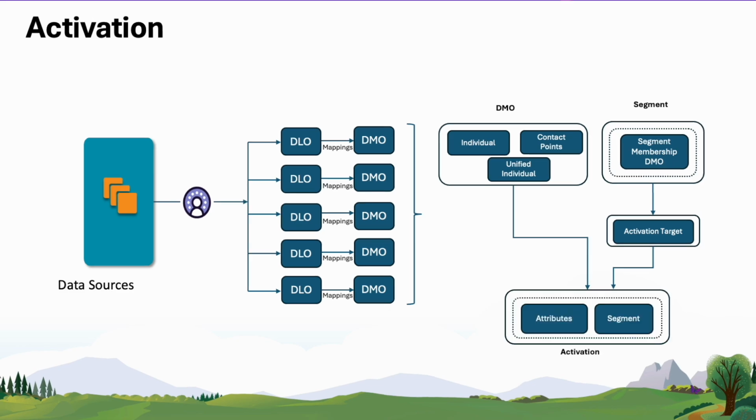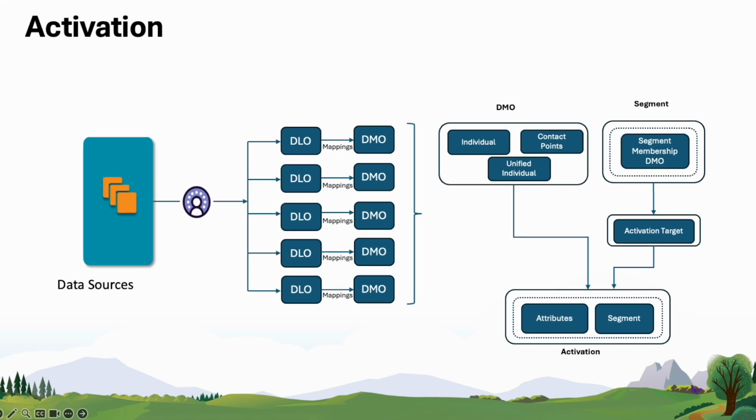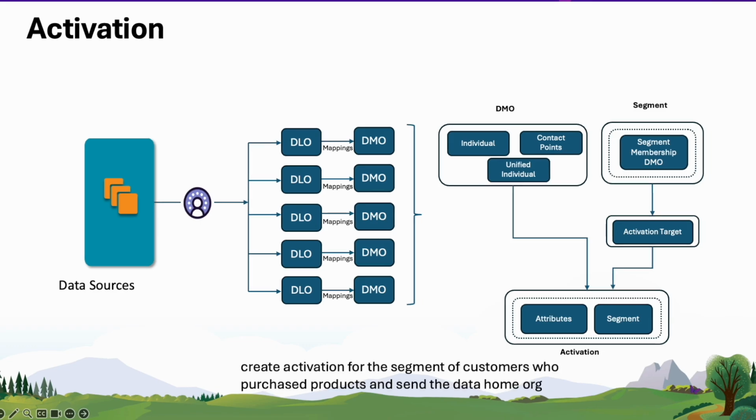This particular activation will hold the information related to the attributes that can be related to individual contact point or a unified individual information that was generated as part of the identity resolution, and also the segment membership information. Apart from this, we can also include the information related to our calculated insights as well.